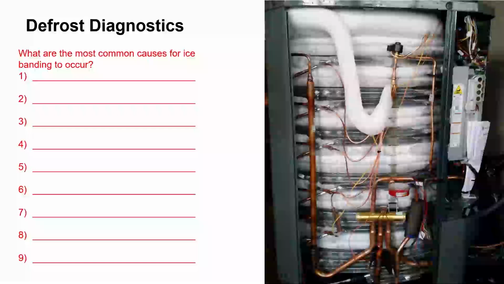Our number two is restricted airflow. Poor indoor airflow performance equals poor condenser performance. And so if we have poor condenser performance when we go into defrost, we may not get enough heat into that outdoor coil to properly defrost. We could have an imbalance in refrigerant flow through our circuits. We'll talk more about that in just a little bit.